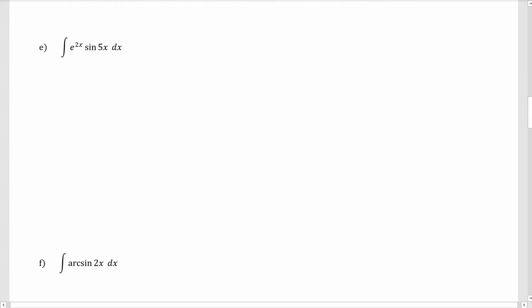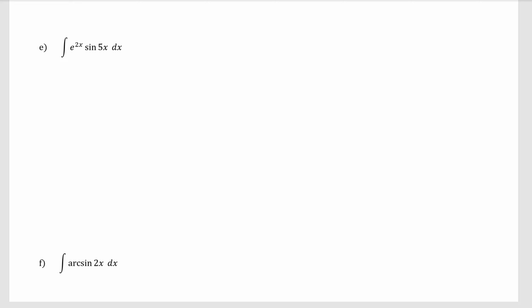Now let's look at this one. We have an exponential function times sine. Which one should we let u be? If we let u be the exponential function, the derivative is still an exponential function. If we let u be sine, the derivative is cosine, still a trig function. So in this problem, you can let u be either one. Either one will work.